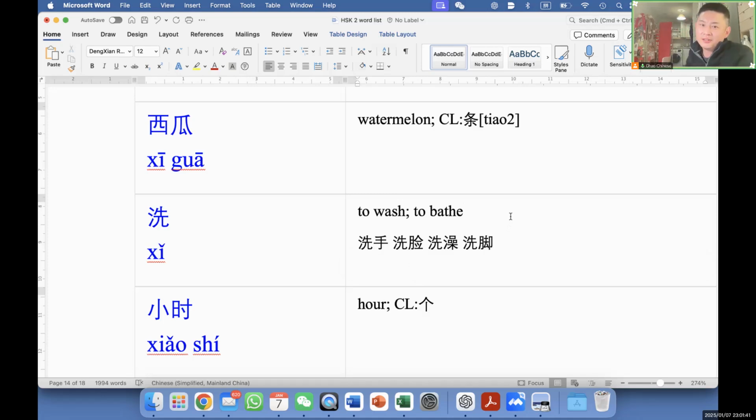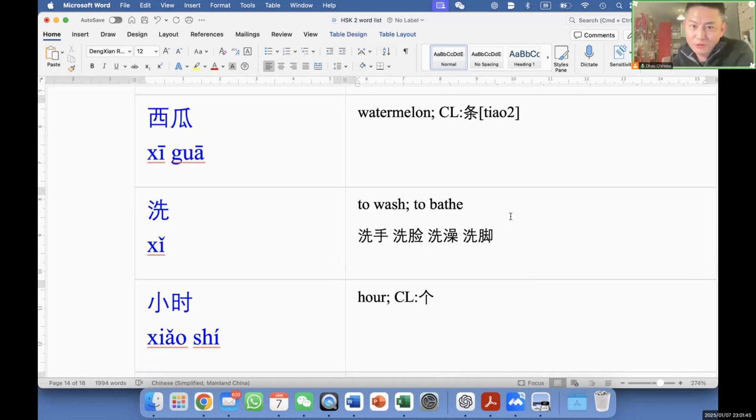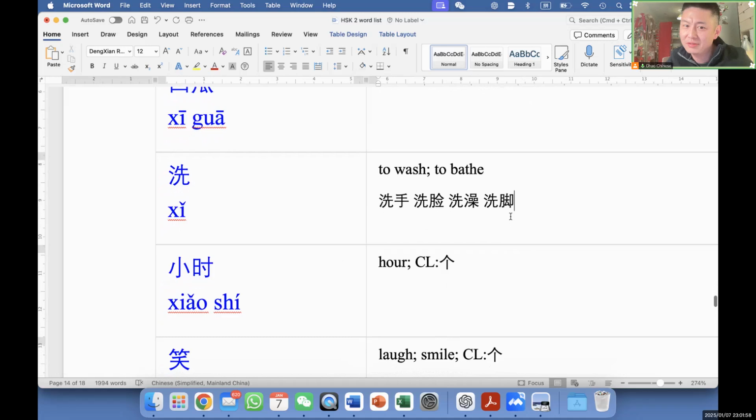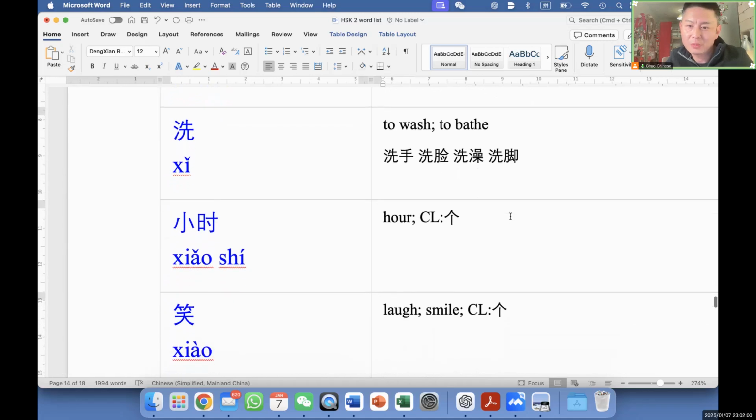Feet washing is definitely a big thing. If you go to China, you know what I'm talking about. There's so many places you can wash your feet. And a lot of people would actually wash their feet before you go to sleep. Much, much more frequent or often action than in the West. People don't really wash their feet as much as Chinese people, especially before they go to bed.